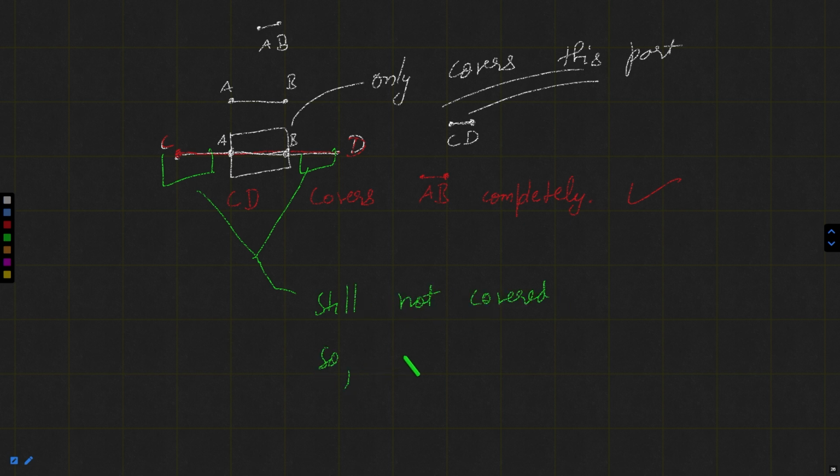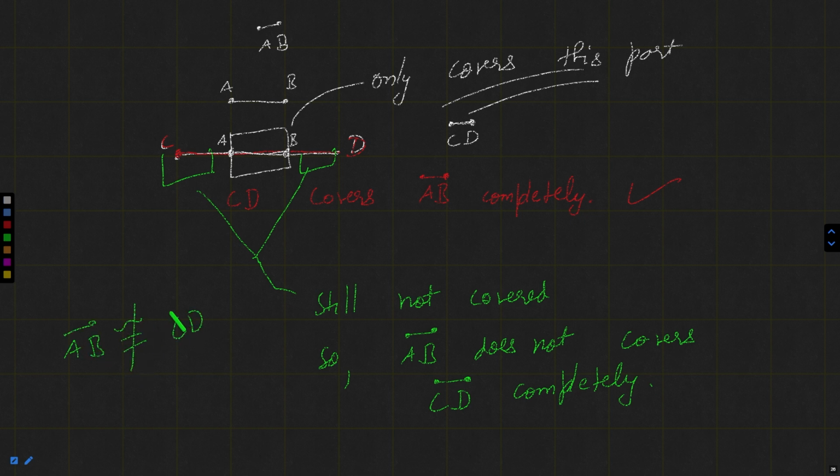So the AB line segment does not cover the CD line segment completely. Okay, so AB is not congruent to CD. I hope this is clear in the case of not congruent.